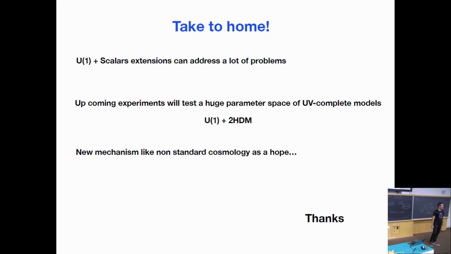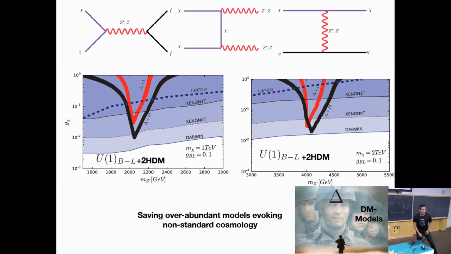So in the last part, when you discussed this entropy injection, I missed what the definition of the parameter delta was. Pardon? The parameter delta, which was set to 1 or to... How did you define delta? I missed that. Delta is the dilution factor. It's a long history, but just to summarize, when you invoke non-standard cosmology, you put some scalar that, prior to Big Bang nucleosynthesis, dominates the energy density of the universe, and then it can make a late inflation.